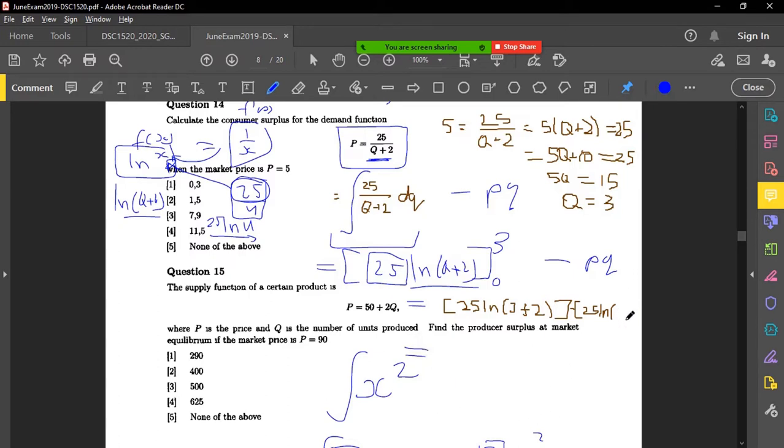Don't erase that, it was correct. Now plug that into your calculator.